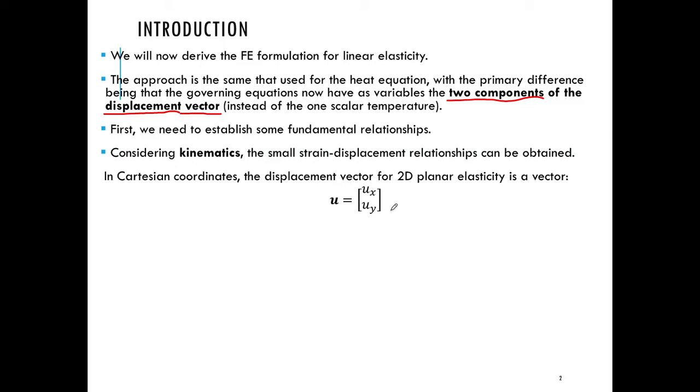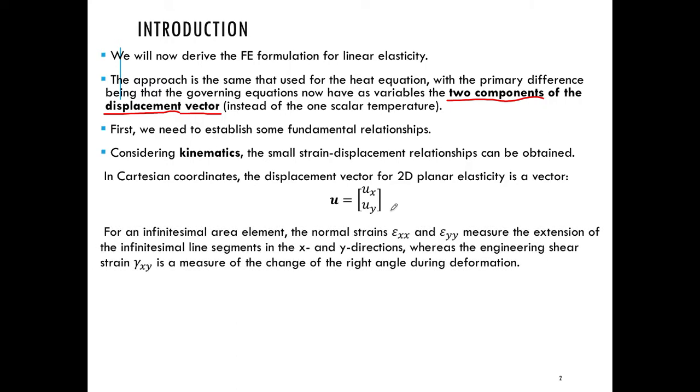The linear elasticity problem that we are looking at in this course is based on the small strain assumption. That is, we are looking at small deformations, so we are interested in a particular type of strain, the infinitesimal strains, which we normally represent with the symbol epsilon.